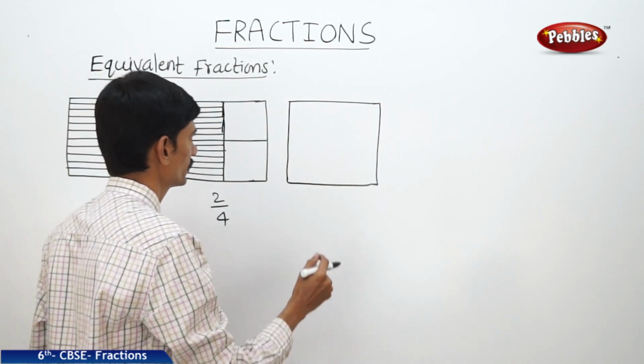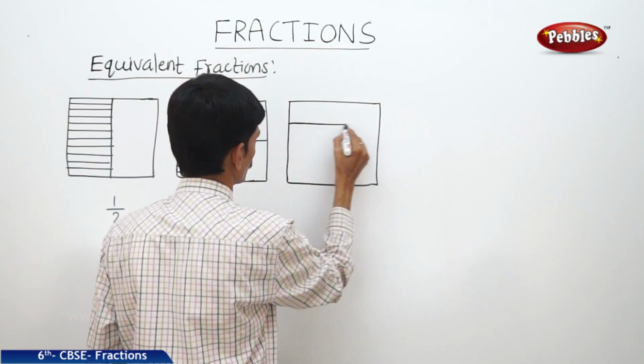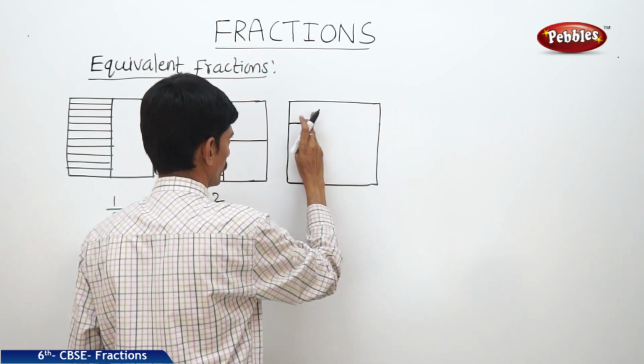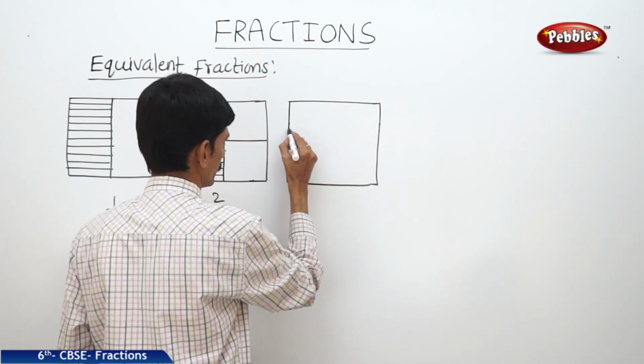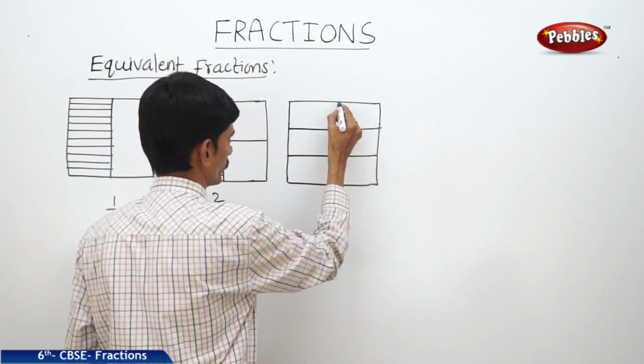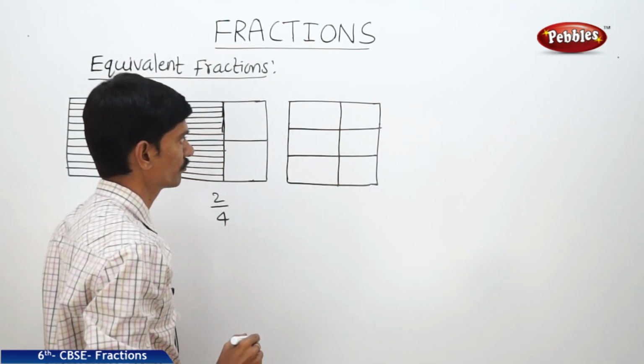And in the next case, the square is divided into 6 equal parts.